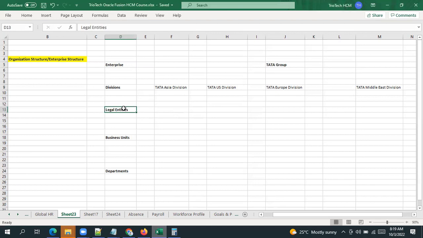That is the standard definition that Oracle has given. The entity or company which is legally registered as per government norms is called a legal entity.